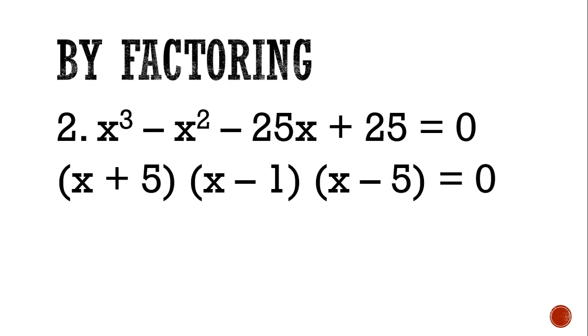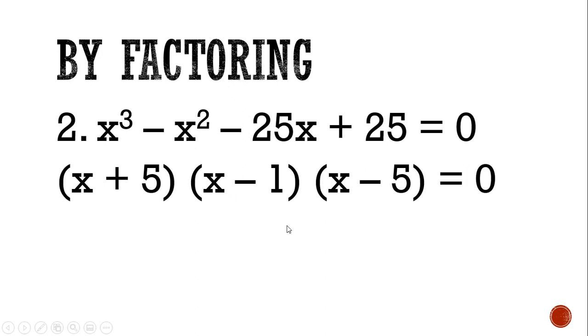Let us prove the same roots will be obtained through the factoring method. x cubed minus x squared minus 25x plus 25 is equal to 0 has the factors of x plus 5, x minus 1, and x minus 5. So by using the zero product property, we know that the factor x plus 5 will become 0 when x is equal to negative 5, because negative 5 plus 5 is 0, while x minus 1 will become 0 when x is equal to 1. 1 minus 1 is equal to 0.